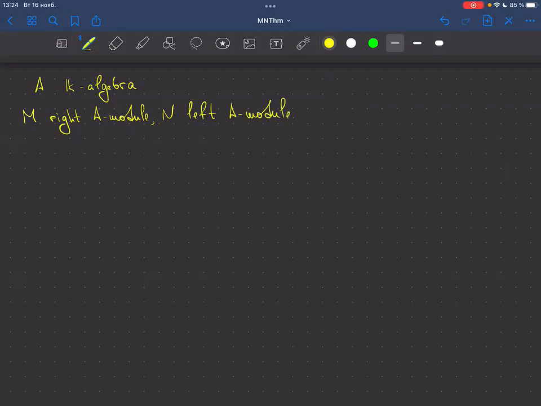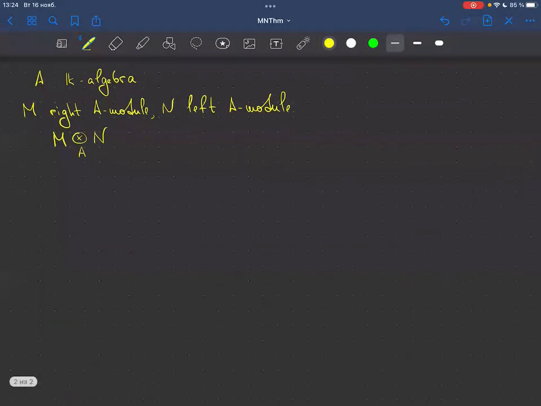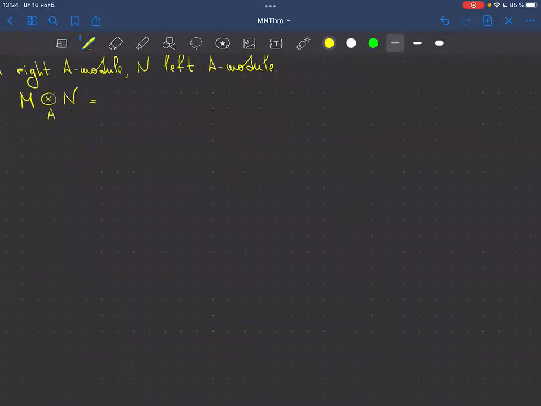Now I want to define their tensor product over A. What is it by the definition?